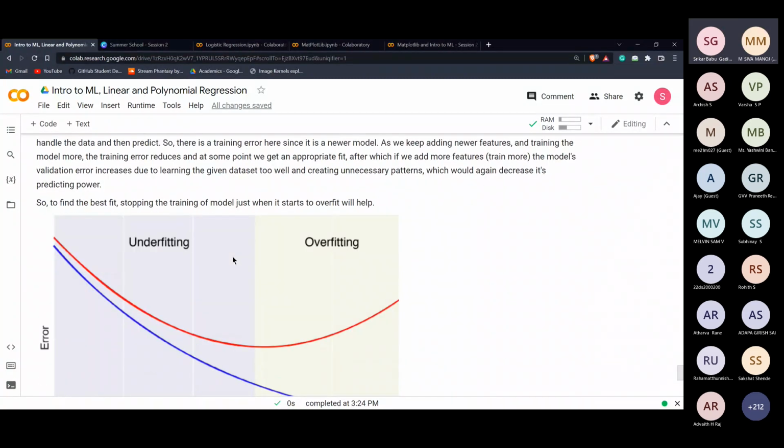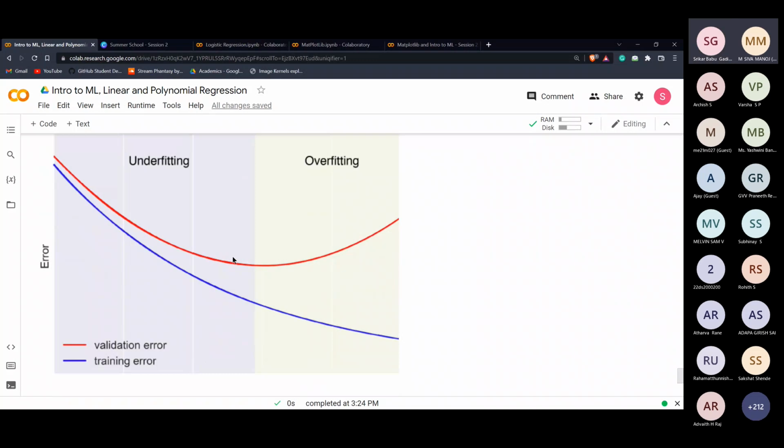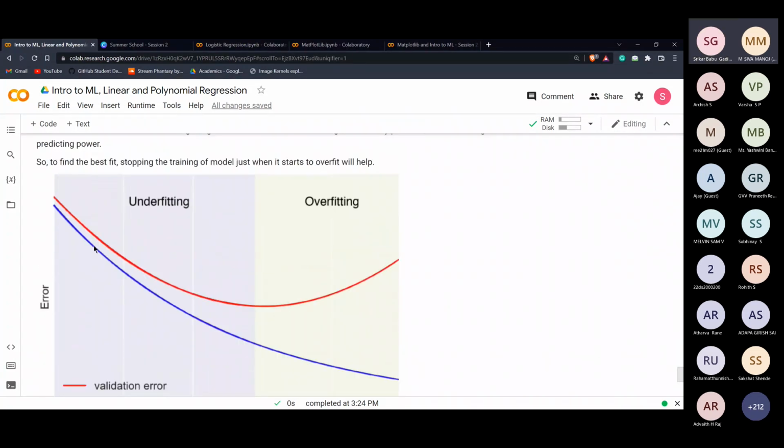When we start off with a model initially, completely random, we start off with high error in validation and training. Let's say I'm dividing my data set into two parts: training data and validation data, or testing data. The error starts off very high because you're fitting a random curve, and it is based on your cost function, which is defined in a similar manner as linear regression.